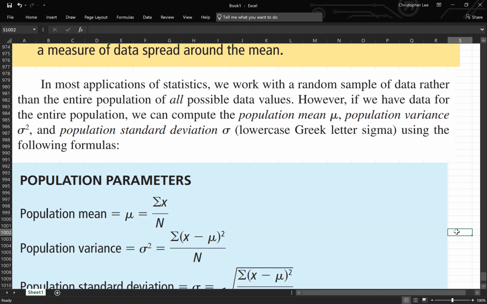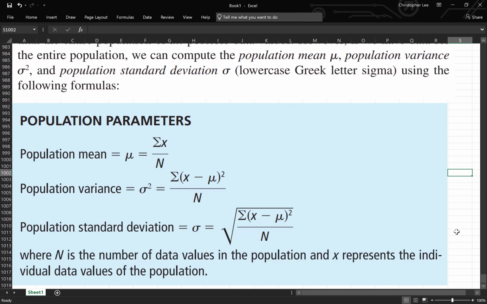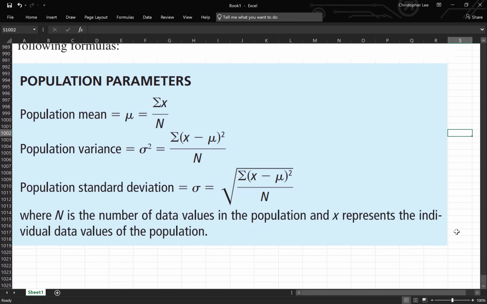So population mean mu is equal to the sum of x divided by capital N, which is again our entire population size. Population variance sigma squared is equal to the sum of x minus mu squared divided by capital N, our population size again.